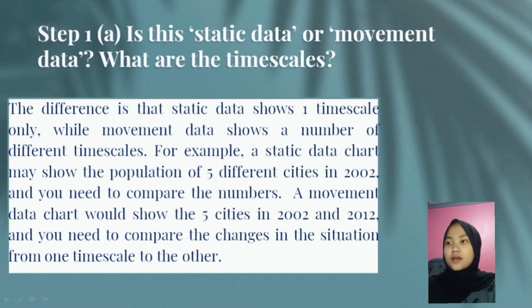For example, a status data chart may show the population of 5 different cities in 2002, and you need to compare the numbers. Movement data chart will show the 5 cities in 2002 and 2012, and you need to compare the change in the situation from one time scales to the other.